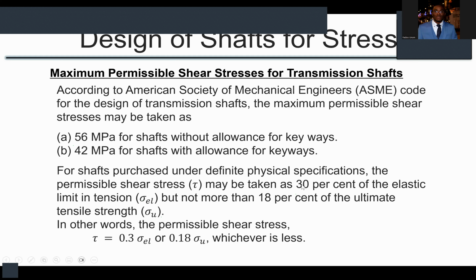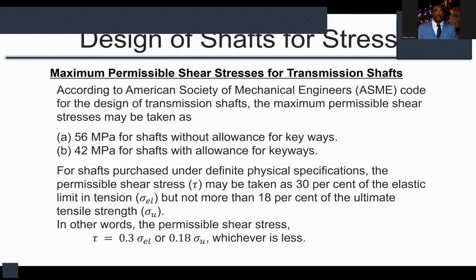We are saying 30% of the elastic limit in tension will be your maximum permissible shear stress. And 18% of the ultimate tensile strength will give you the maximum permissible shear. We'll check both of these and decide which is less.